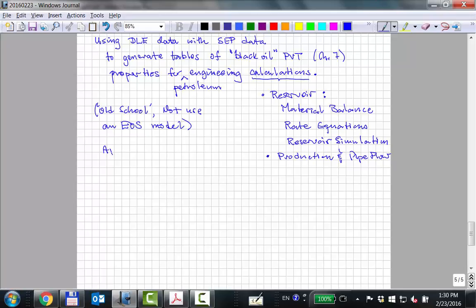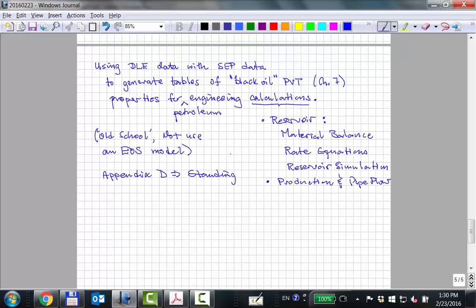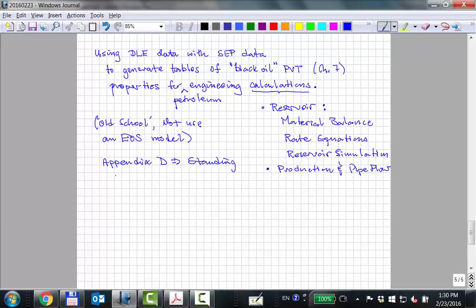Now, the Appendix D in the book is written by Standing, and I basically took his notes, got it in the nomenclature of the book, and put it, it's basically his notes talking about this topic. So this topic is really covered in detail in Appendix D. It's also covered in Chapter 6.